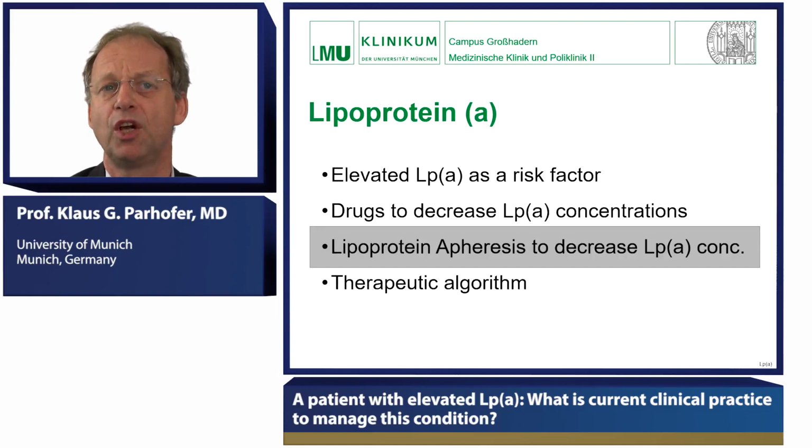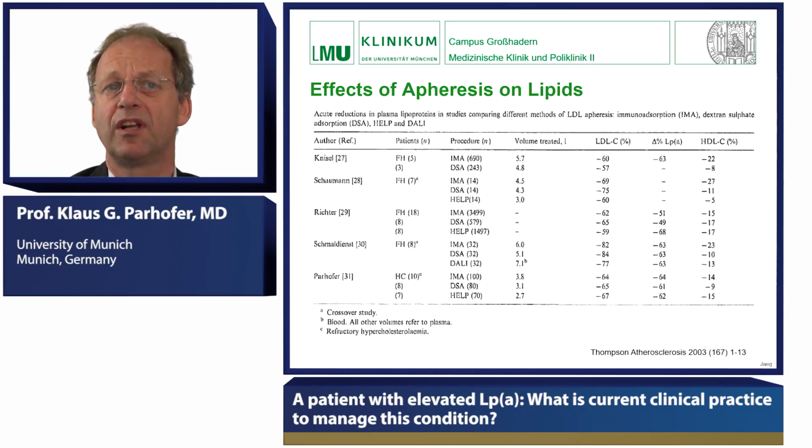Now let me switch to the most effective method to decrease lipoprotein(a) concentrations, namely lipoprotein apheresis. As you probably know, there is a number of studies clearly showing that lipoprotein apheresis can decrease LDL cholesterol concentration by about 60 to 70%.